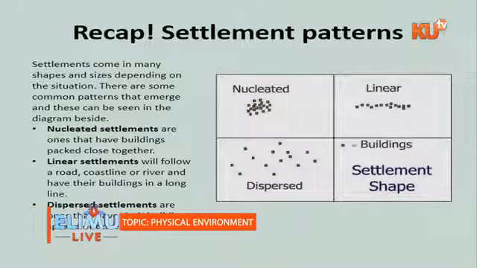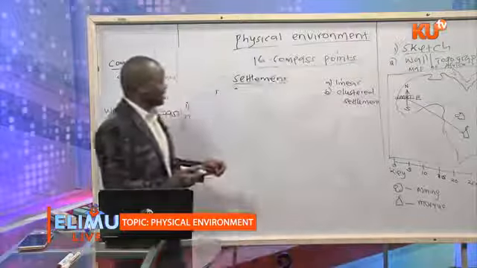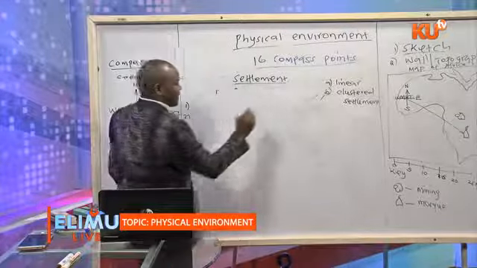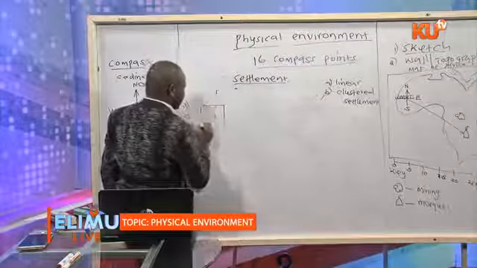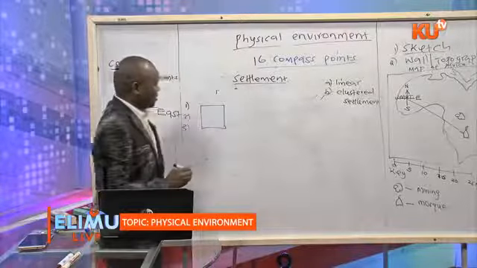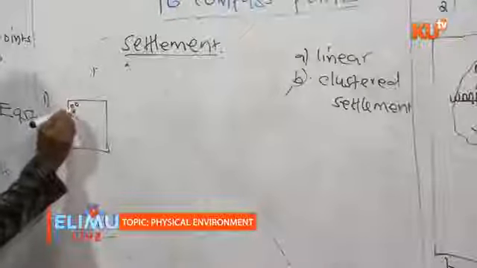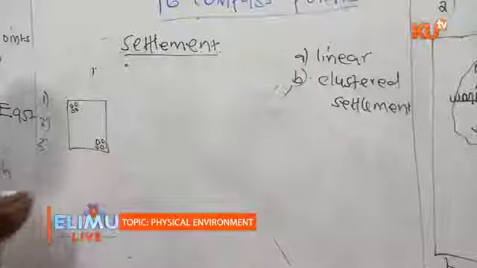it is what you call the clustered settlement. The clustered settlement, how do they look like? This clustered settlement looks in this manner. You are going to find maybe this one is a map, and on that map we have some people living at that corner, we have others living at that corner.